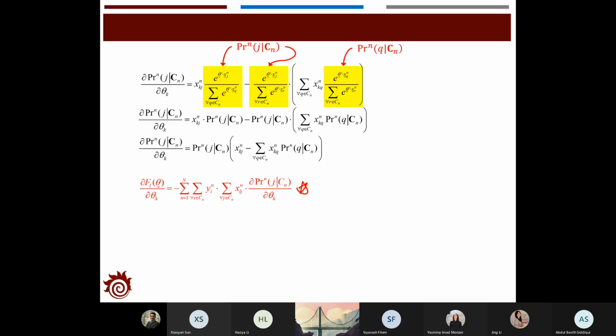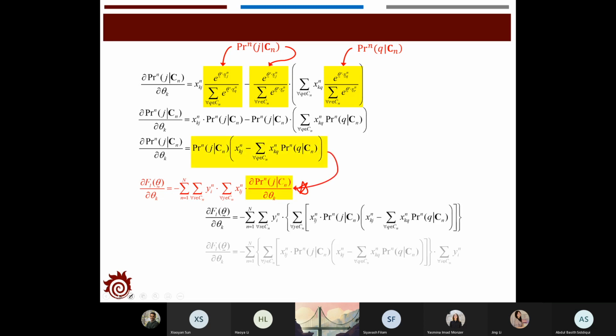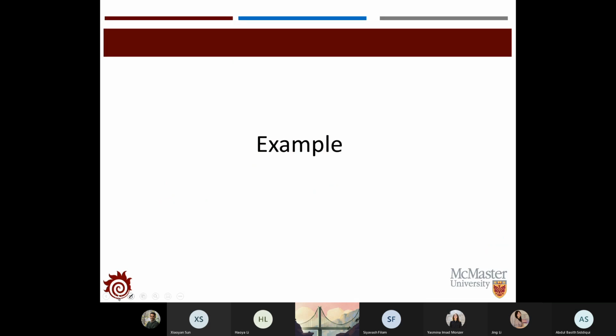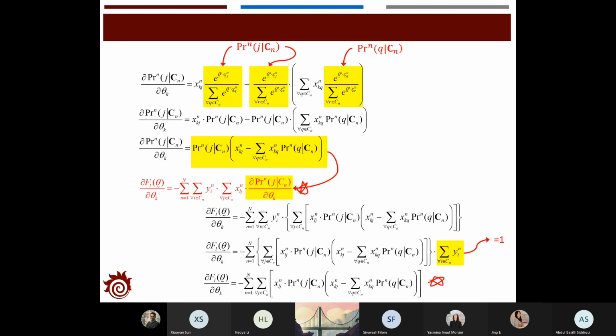You can also find some further simplification of this formula based on the assumption that the summation of y_i equals 1, and eventually you will get this expression to show the calculation of that component, which is a function of the probability of choosing the mode j, and also some observed attributes at the specific mode and the specific attributes.